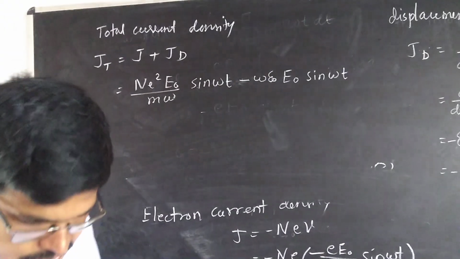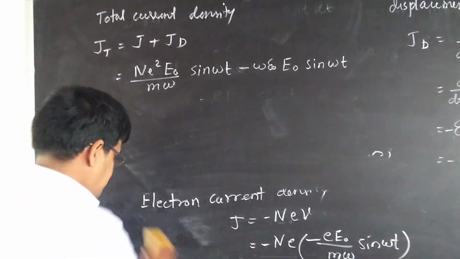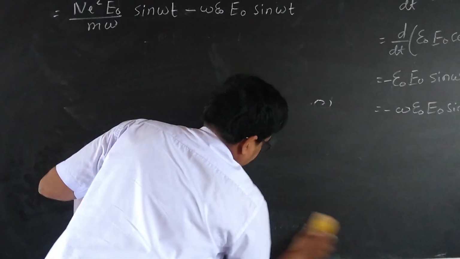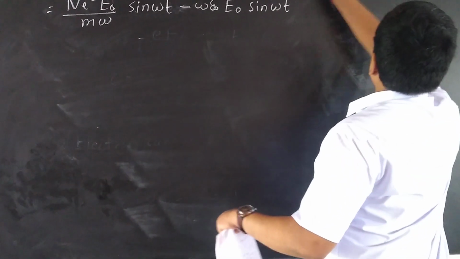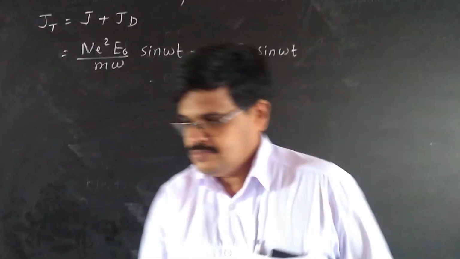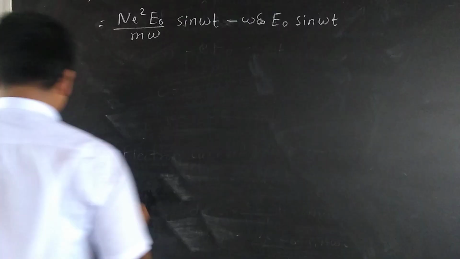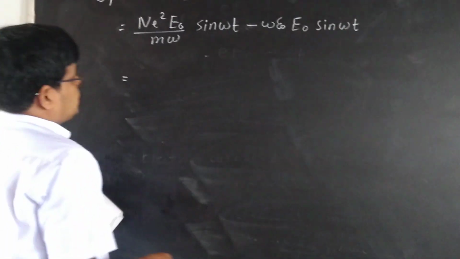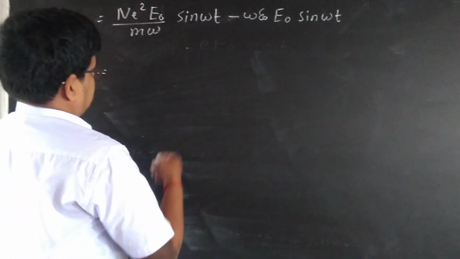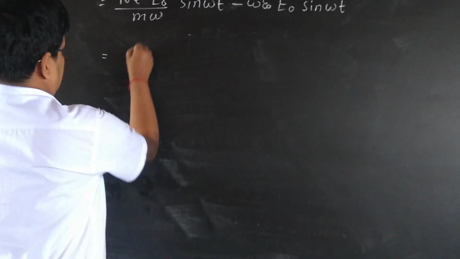Again we can simplify it. E naught sin omega t is common.